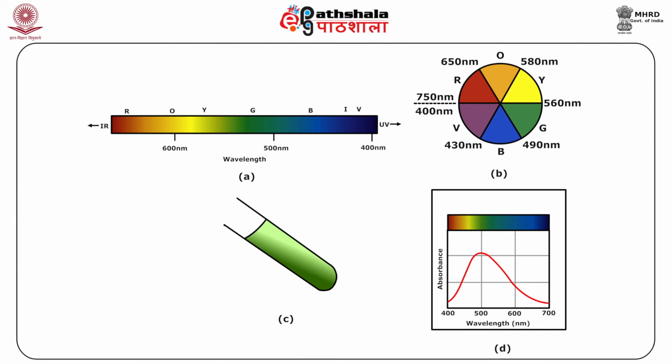In order to possess color, a substance must include an electronic transition with the energy change between 1.8 and 3.1 electron volt, which corresponds to the light in the visible region, that is approximately 400 to 700 nanometer.